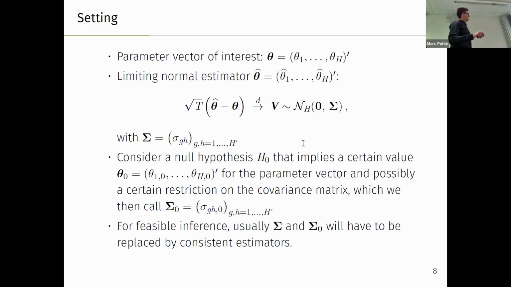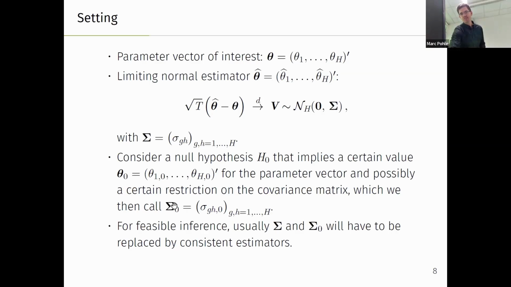And then for the significance bands, for the non-rejection bands, we assume that we have a certain null hypothesis that implies a certain value for the parameter vector theta. We call it theta null, and possibly sometimes it is the case, especially for autocorrelation functions, that the null hypothesis also implies a restriction on this covariance matrix.